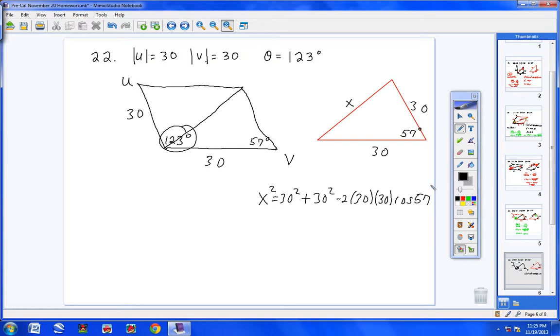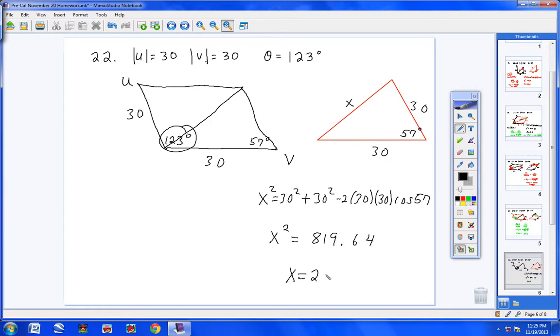And if you type all of that into your calculator, you will get x squared equals 819.649737. Take the square root of both sides, and you will end up with 28.6.